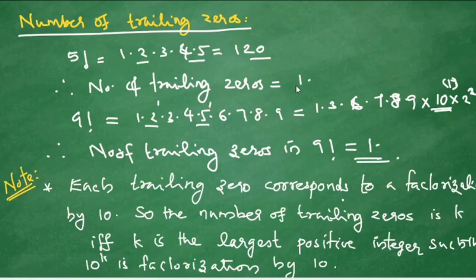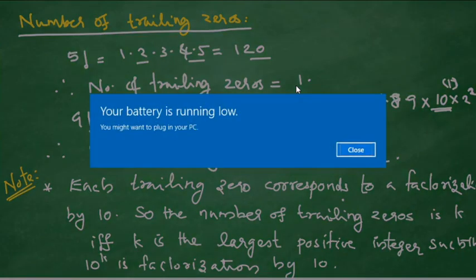So the number of trailing zeros is k if and only if k is the largest positive integer such that 10 raised to k divides the number. So the highest power of 10 coming in the factorization of that number is the number of trailing zeros.